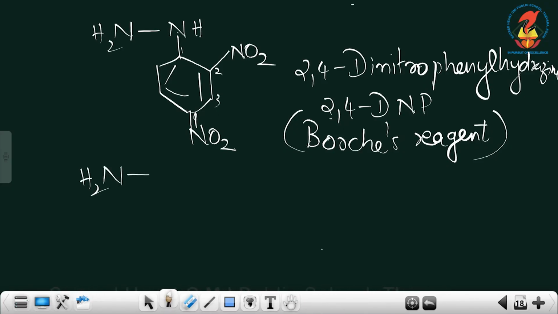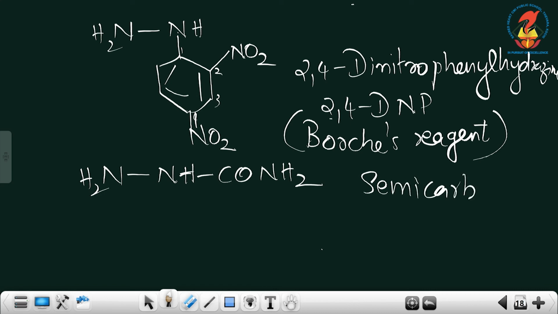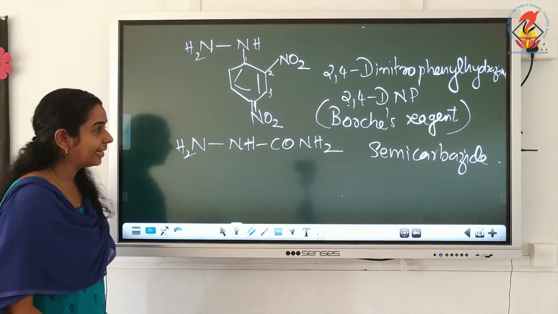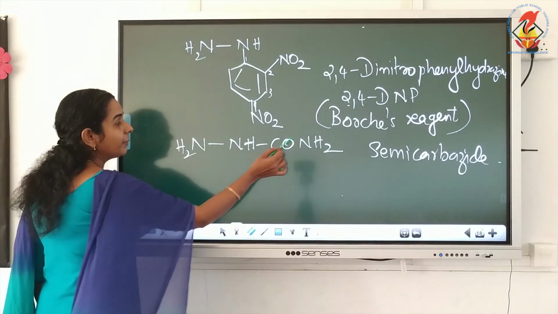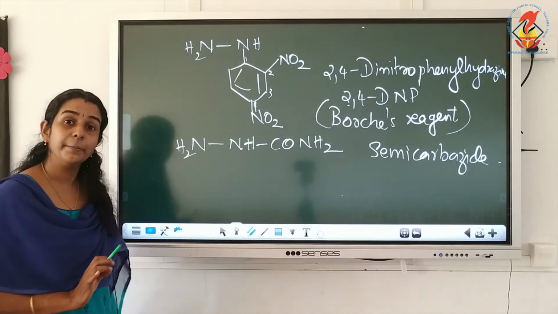And last, we have from hydrazine. Hydrazine, what is the formula? NH2NH2. If I am replacing one hydrogen by an amide group, what will we get? This is known as semicarbazide. Is it clear? From hydrazine, I am replacing one hydrogen by an amide group.